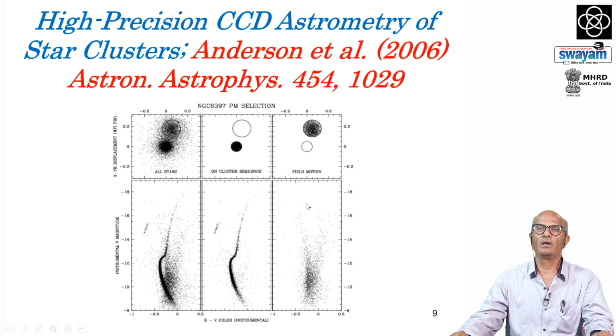And Gaia and Hipparcos have improved our measurement accuracy further, and they have provided samples of measurements which are very useful for separating cluster members and field stars based on kinematic motion, which is the most reliable criterion for separating cluster members from field stars.